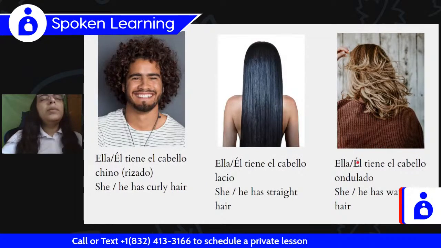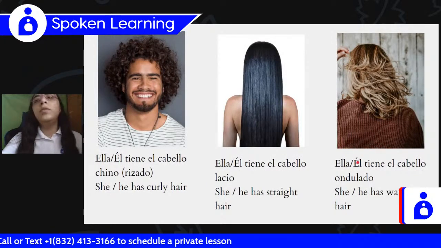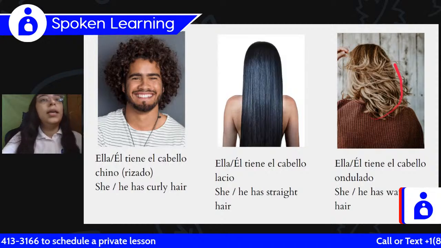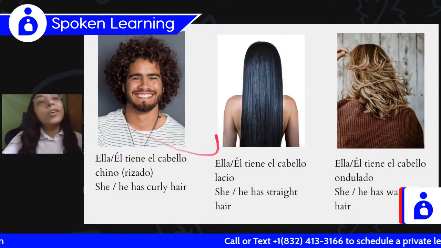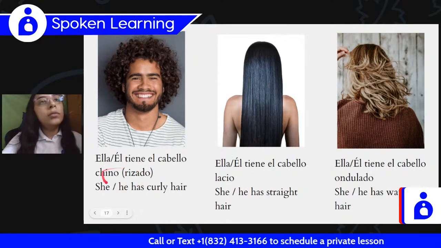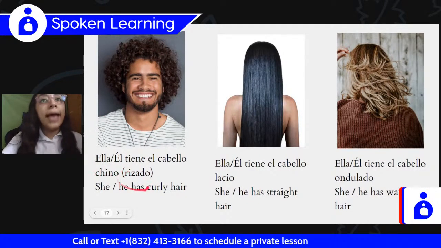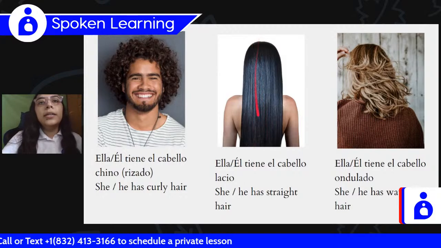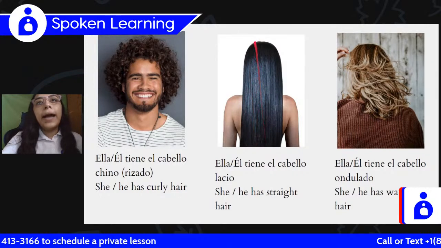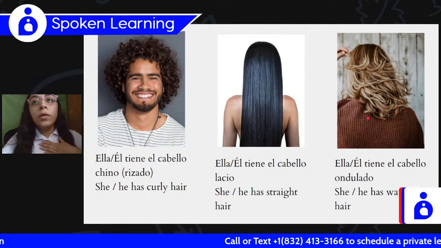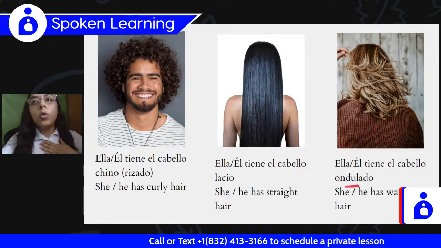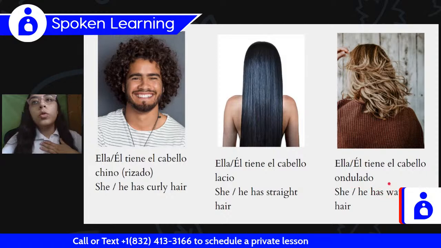What about the hair? Ooh, really crazy, right? So, mine is like this, definitely. Él tiene cabello chino. So, chino means curly, rizado. You can also say rizado. So, chino o rizado. Straight hair, lacio. Cabello lacio. And in my case, yo tengo cabello ondulado, wavy, ondulado.